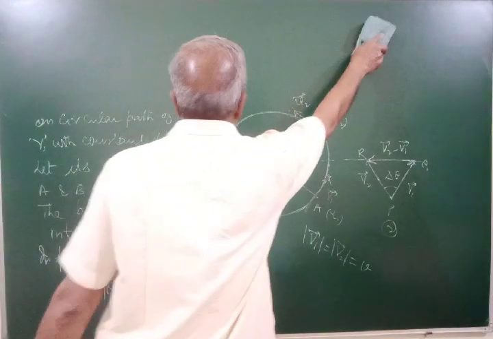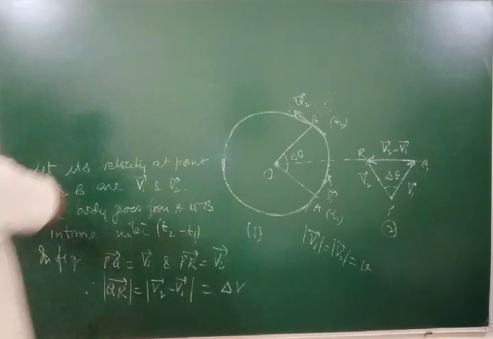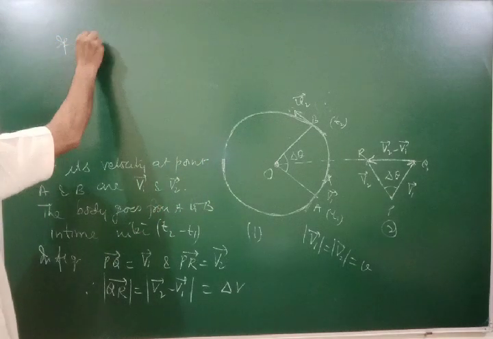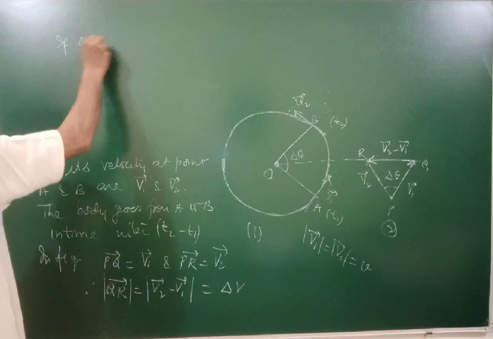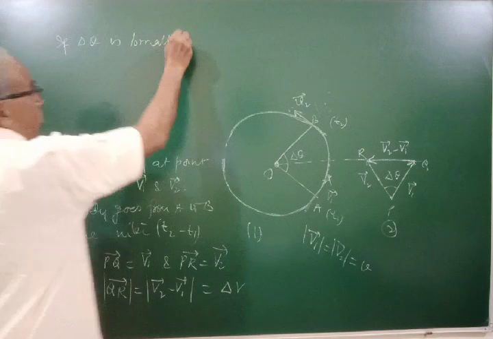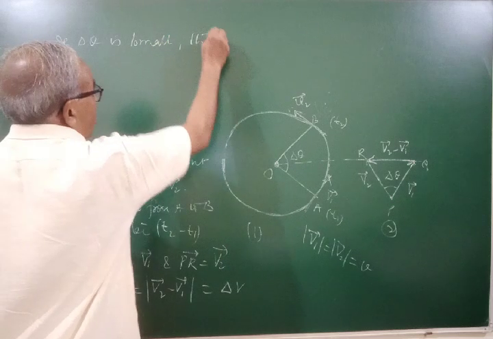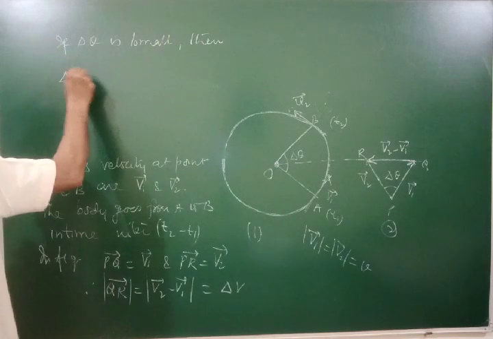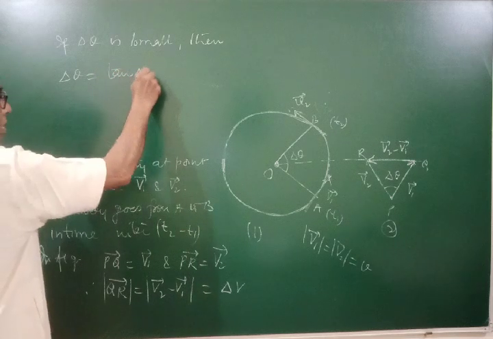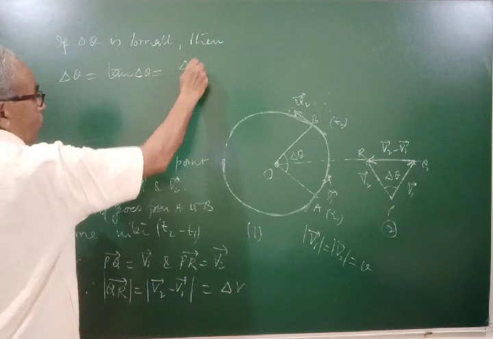Now, if delta theta is small, then you know delta theta equals tan delta theta equals delta v upon v.